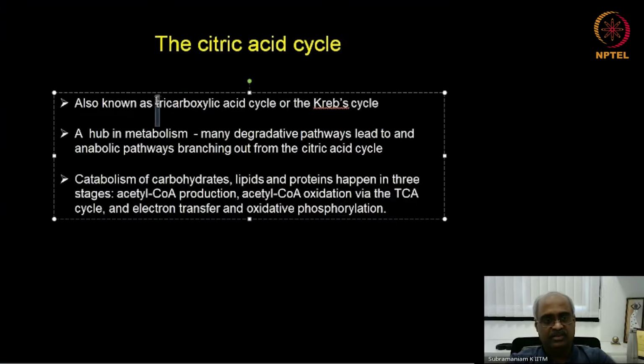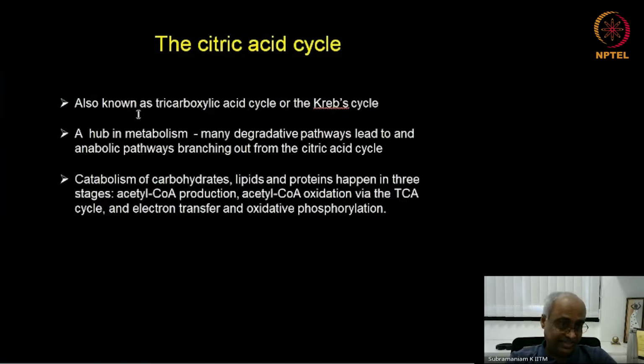T, and then C, and then A. TCA cycle, or it is also known as the Krebs cycle in honor of the scientist who first elucidated this pathway. This is a hub in metabolism, a major cycle at the center of various metabolic pathways.